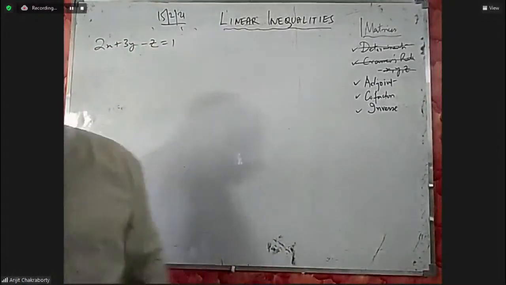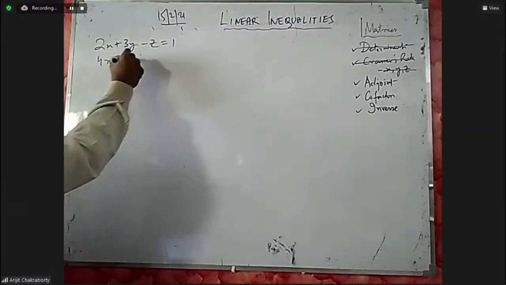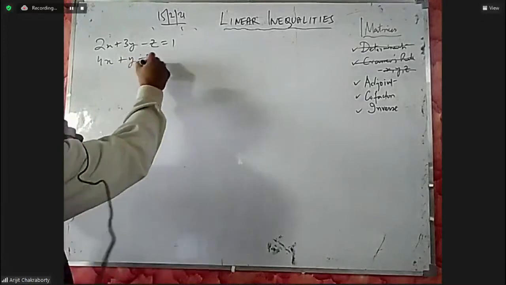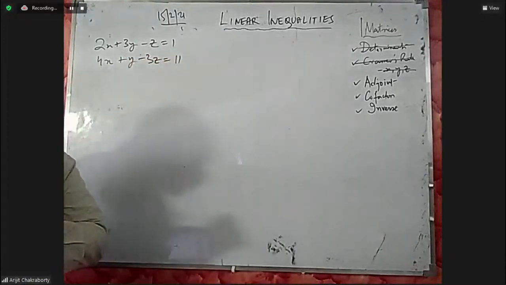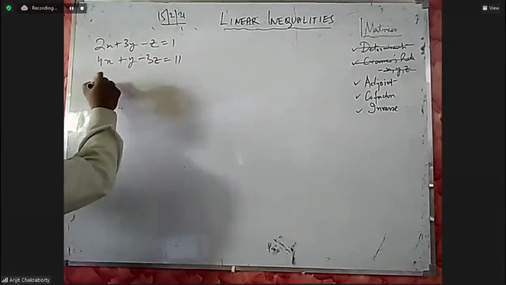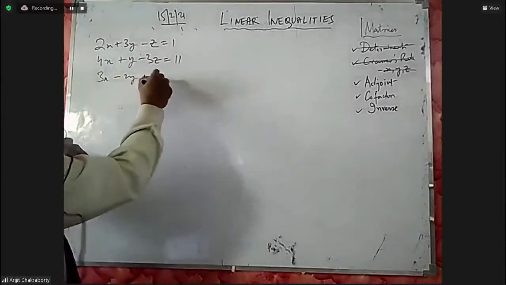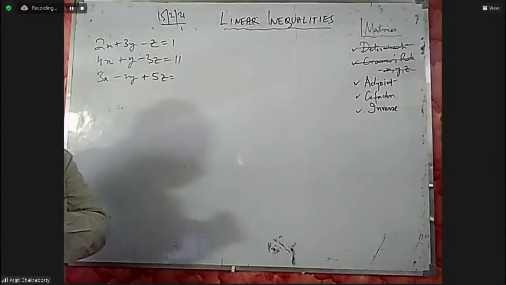Then we have 4x plus y minus 3z is equal to 11, and 3x minus 2y plus 5z equals 21.